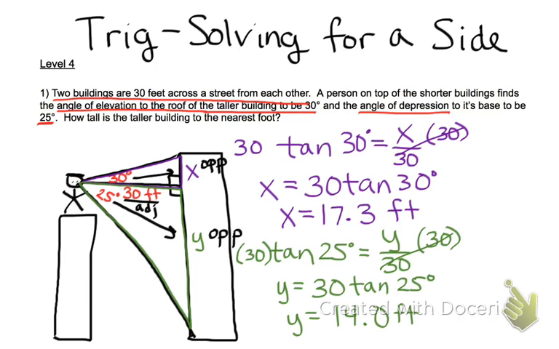Now, to find the length of the whole building, I have to add 17.3 and 14.0. So when I add these together, 14.0 plus 17.3, I'm going to get 31.3.